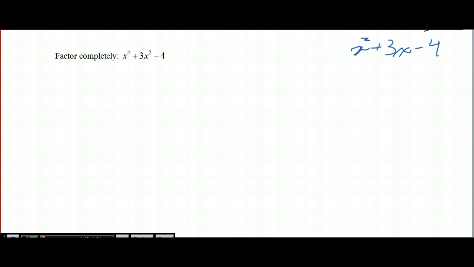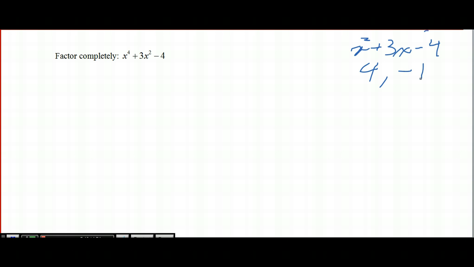We would find two numbers multiplying to negative 4 and adding up to 3, right? So 4 and negative 1 would work. And we'd factor appropriately. We'd have an x plus 4 and an x minus 1.